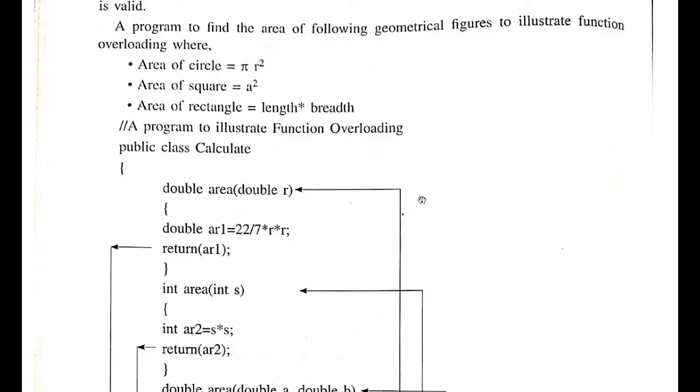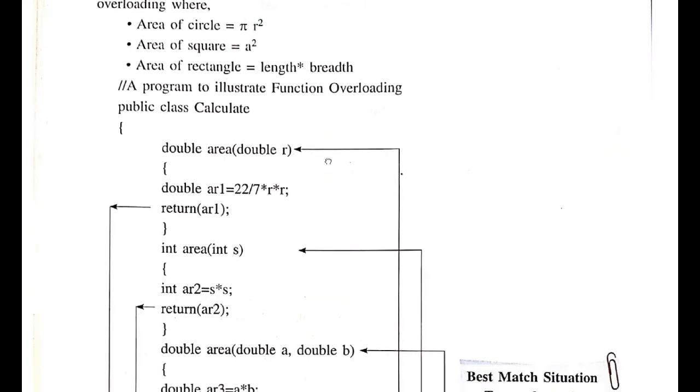Now look at your textbook. A program to find the area of the following geometrical figures to illustrate function overloading, where area of circle is pi r square, area of square a square, area of rectangle length into breadth. Look at here. Here the class name is calculate and you can observe the function names here.